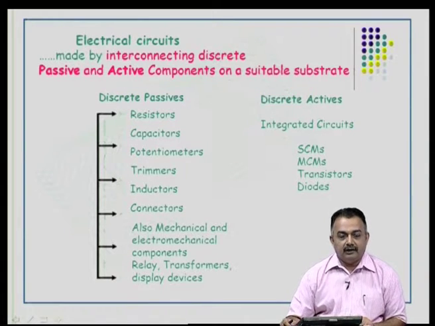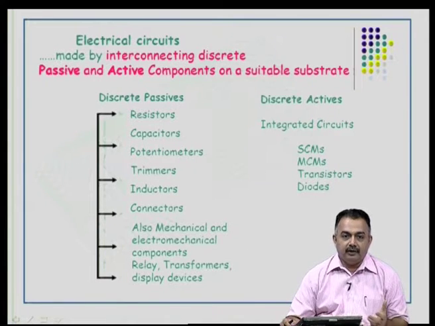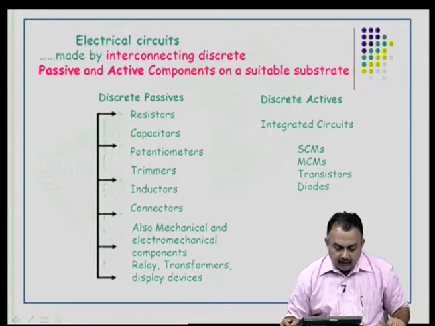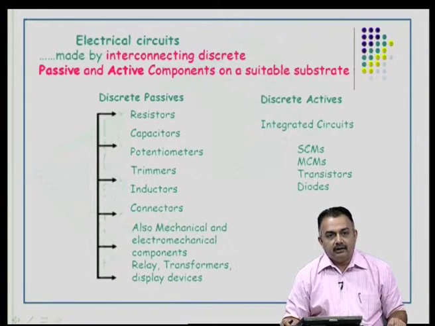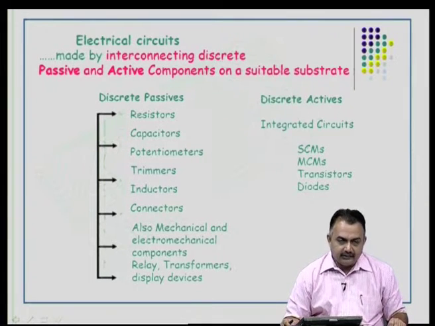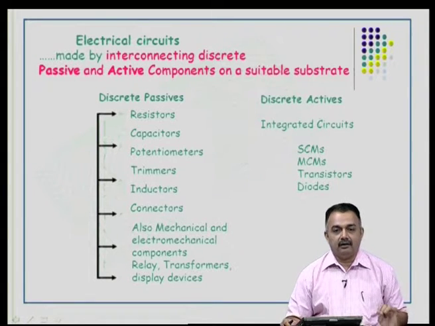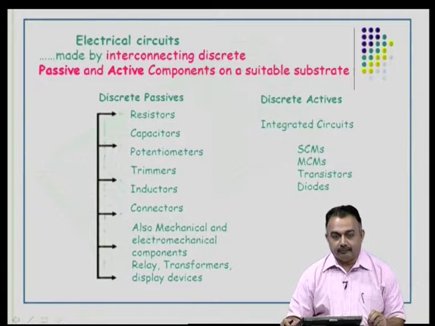So, if we can proceed, continuing from the last class, we defined in the last class three major points as to the selection of the components and the need for CAD. Today, if you look at electrical circuits, they are made by interconnecting discrete passive and active components on a suitable substrate. In the last class, I mentioned that it is the designer's choice, it is the designer's prerogative to select a suitable substrate for a particular defined application.